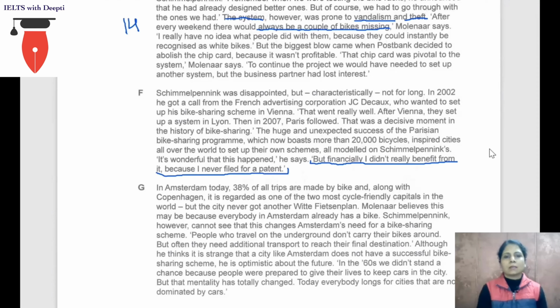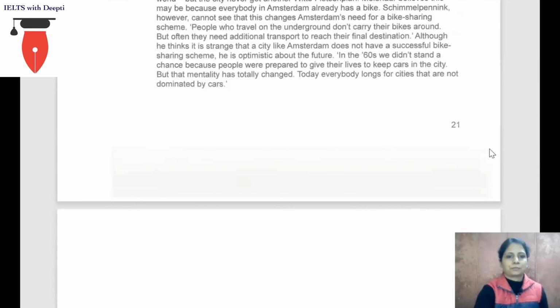Okay, so here some person had got into the bike sharing program, and a lot of things had happened, but financially there was no benefit out of it, because of which there was no profit. So if you look at number 16, the answer lies in paragraph F.